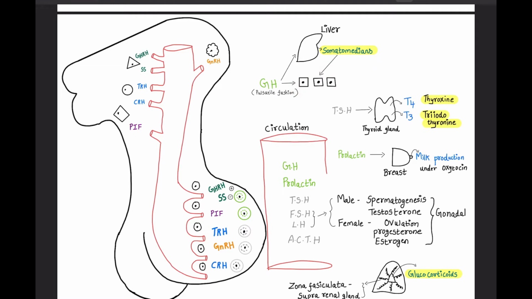How? It goes to the liver and forms somatomedins, and these somatomedins then act on the cells. So growth hormone can act directly on the tissue cells, and also indirectly through somatomedins. Growth hormone is produced in a pulsatile fashion.